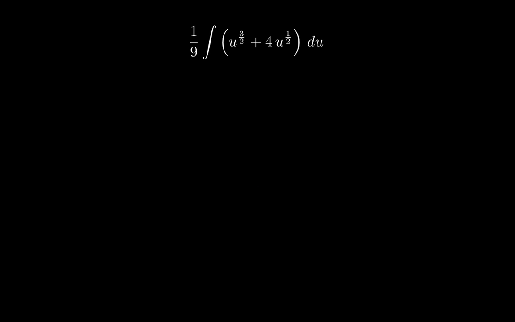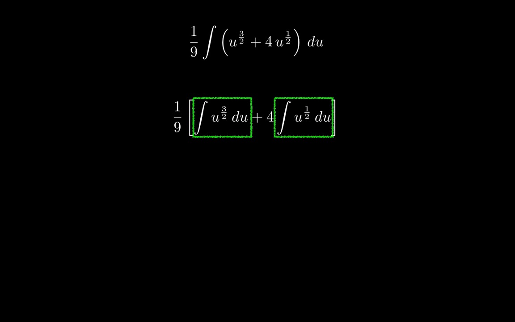Now, that expression is just an addition of powers of u, which can be integrated easily using the rule for integration of powers. So I can distribute my integral. It will be the integral of u to the 3/2 du plus the integral of u to the 1/2 du.